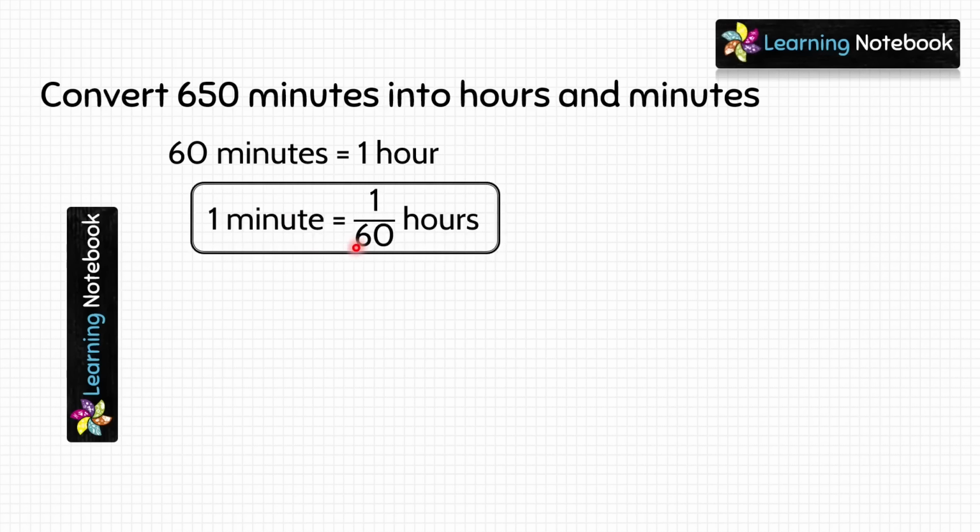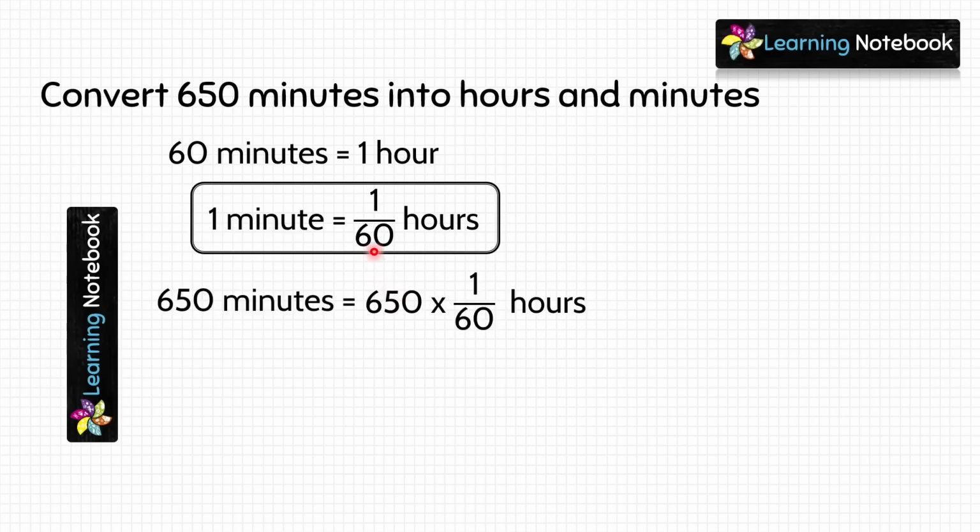Therefore, 650 minutes would be equal to 650 multiplied by 1 by 60 hours, which equals 650 divided by 60 hours. So let's divide it.